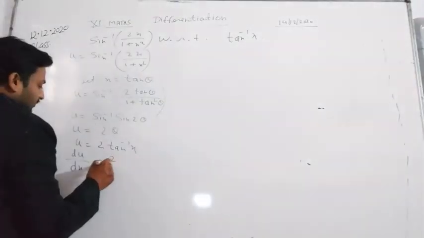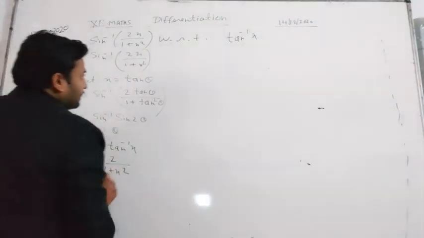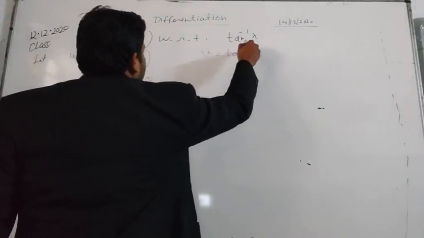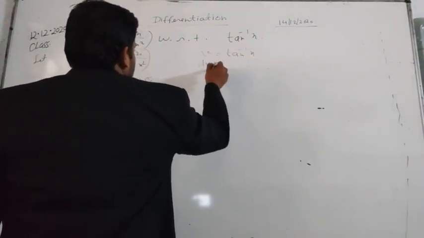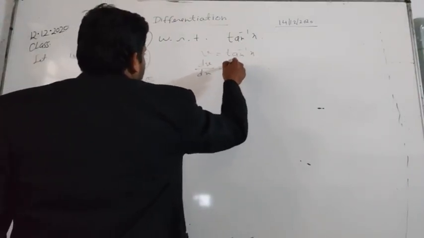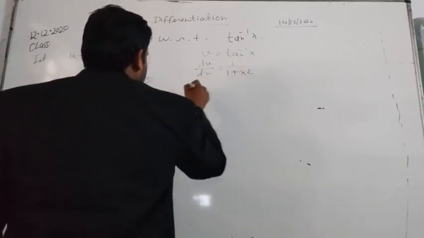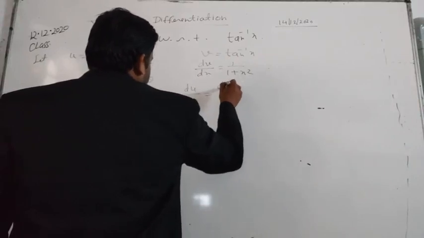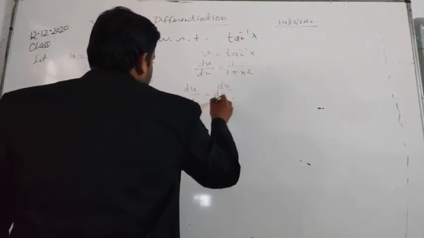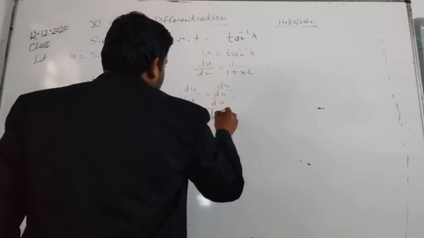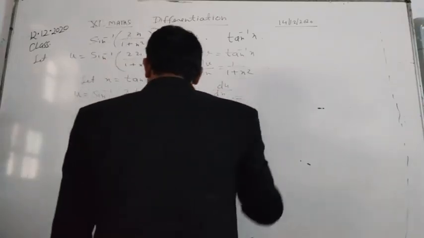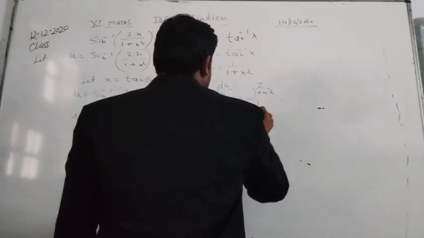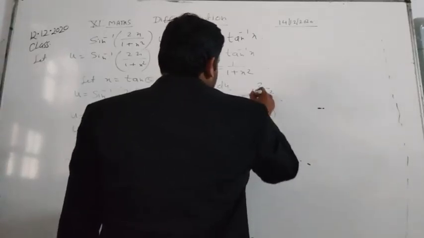du by dx is 2 upon 1 plus x square, and v is tan inverse x. Then dv by dx is 1 by 1 plus x square. So du by dv is du by dx by dv by dx, which is 2 by 1 plus x square by 1 upon 1 plus x square.